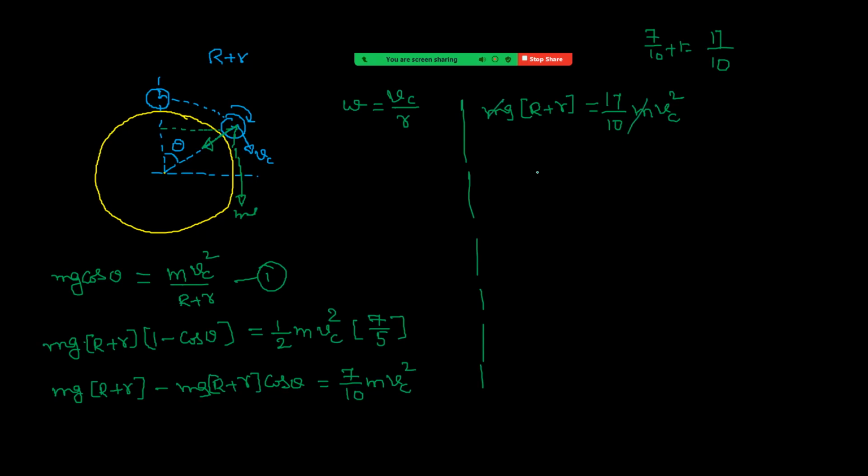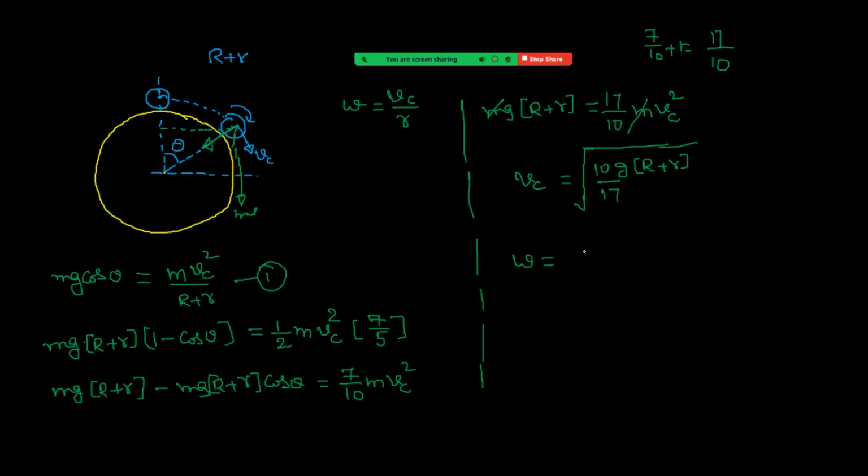m gets cancelled. From this, vc value is under root 10 g into R plus r upon 17. Okay. Now omega equal to vc by r.